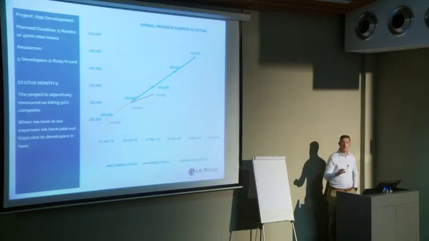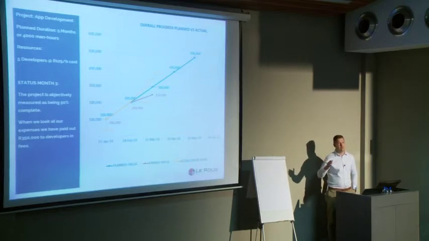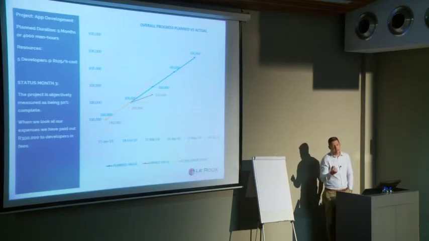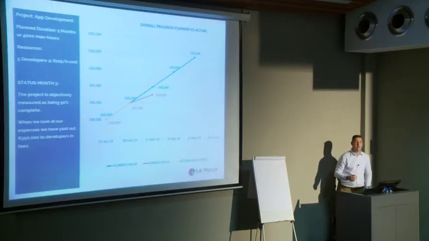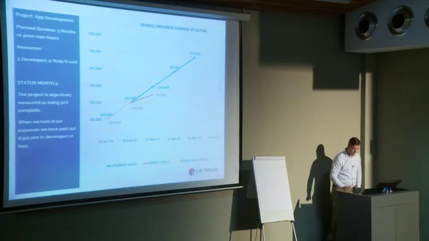But the fact is, can you see that we are not getting value for our spending, and also we're not getting value for the effort, whatever the effort was, we don't know. But this indicates to us that we are not getting enough value for effort, because we're supposed to be at 300,000 and we're not.